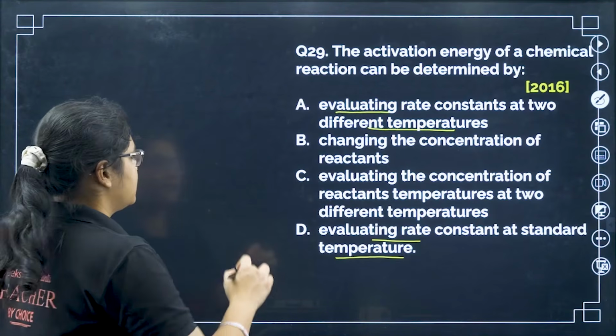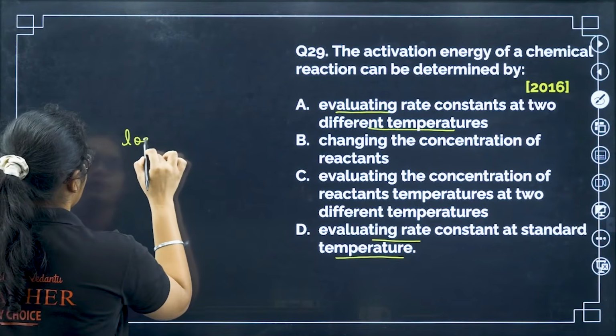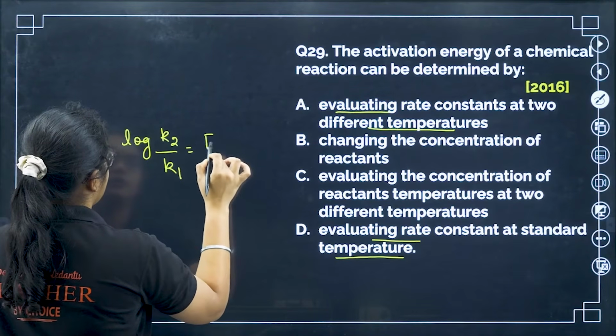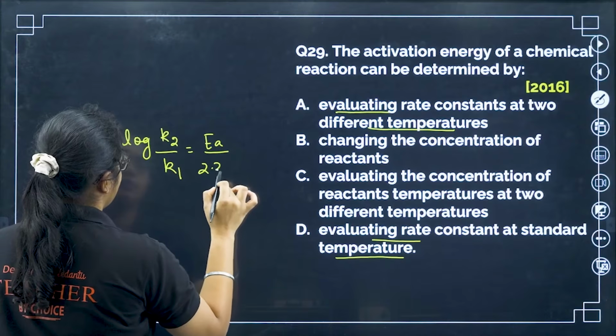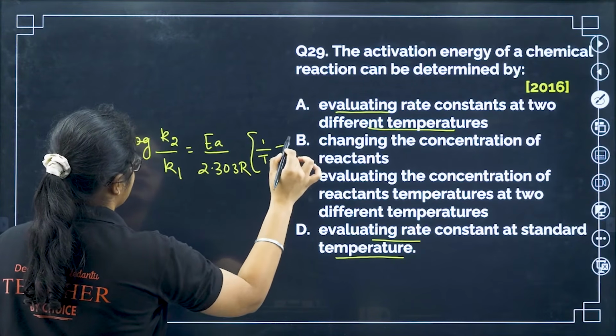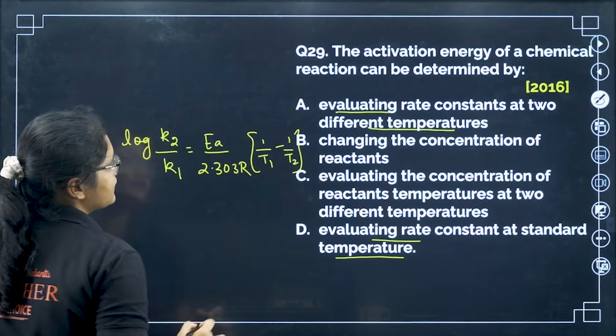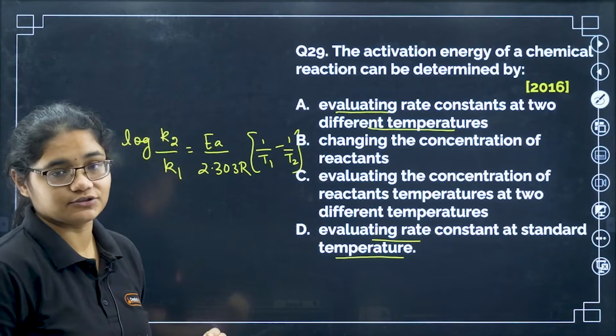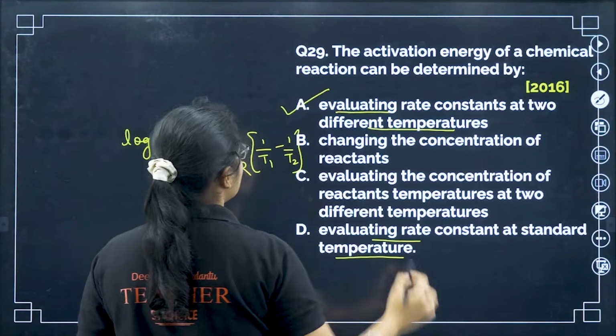If you know the equation, we have log K2 by K1 is equal to Ea by 2.303 R into (1 by T1 minus 1 by T2). So by evaluating the rate constants at two different temperatures, that is your option number A.